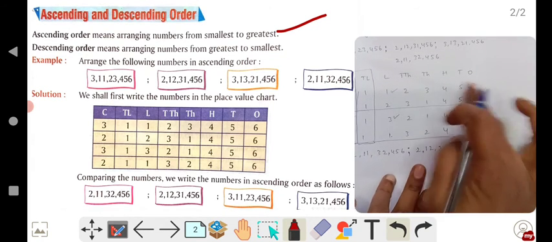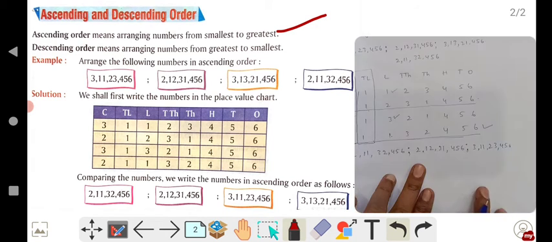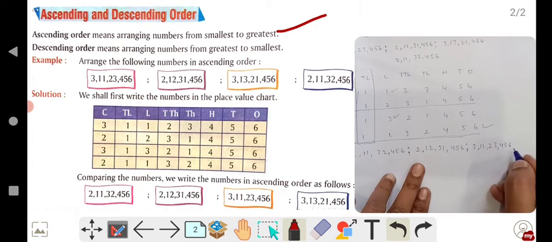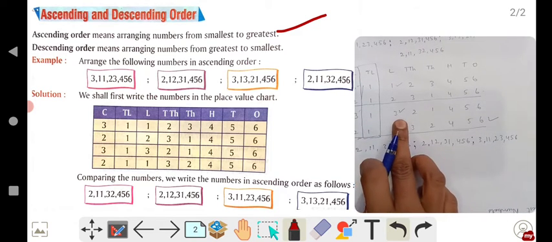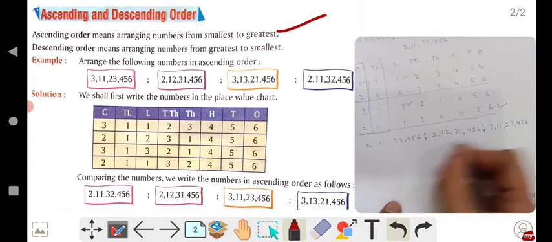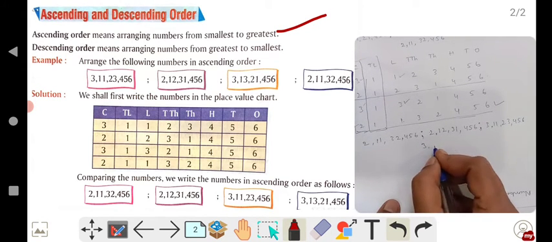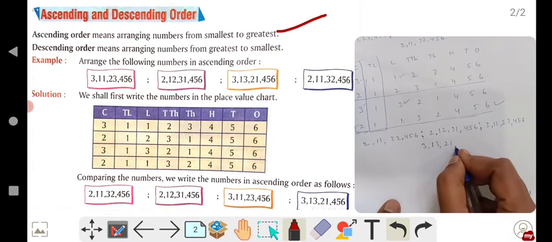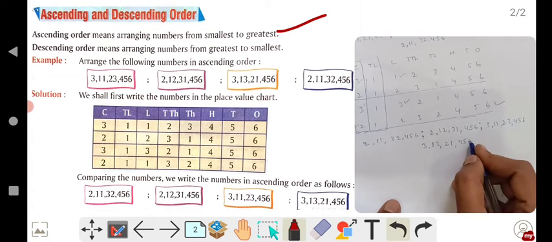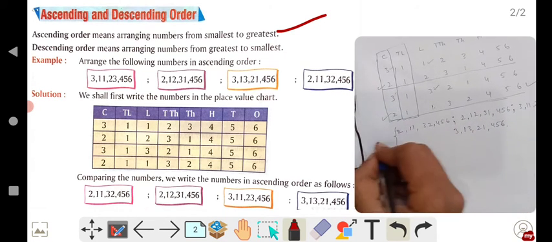No need to see the rest of this. In this place only you can come to know which is smaller and which is big. Therefore, the last number will be this one, 3 crore 13 lakh 21,456. So this is in which order? Ascending order.